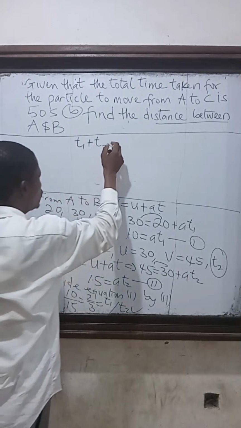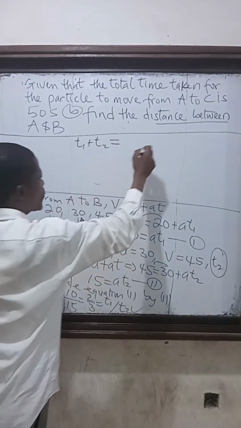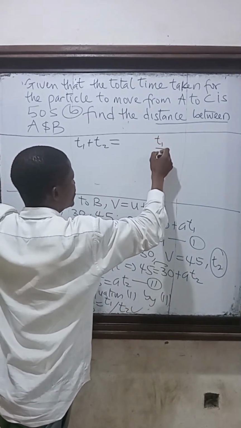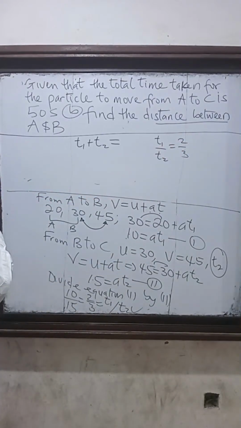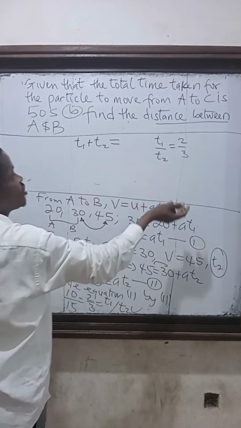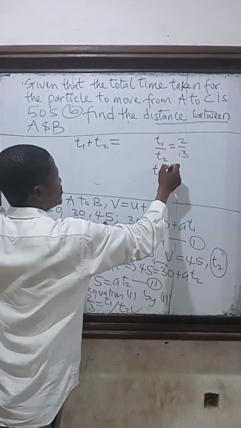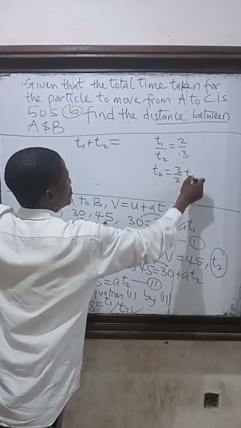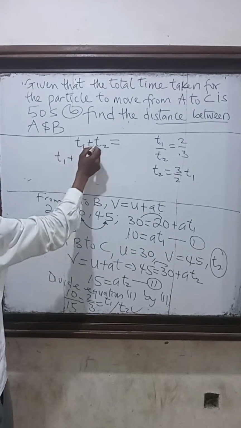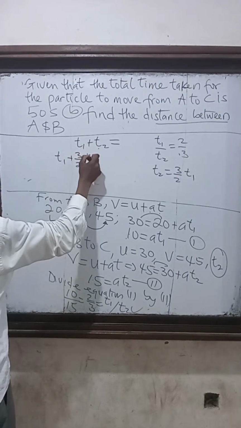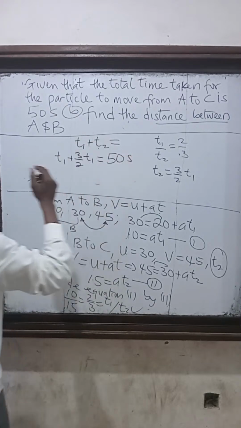And that will be equal to, don't forget we have T1 over T2 equal to 2 over 3. So we can make T2 the subject. That will be T2 equal to 3 over 2 T1. So you can substitute back: T1 plus T2, which is 3 over 2 T1, and the total time from A to C is 50 seconds.